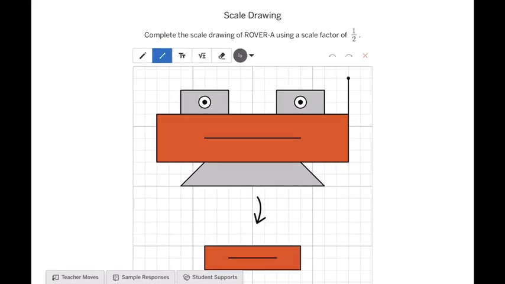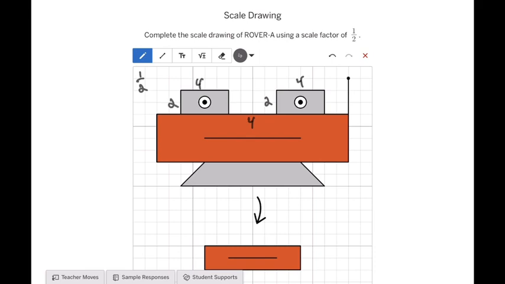Okay, now we're asked to complete the drawing of Rover using a scale factor of 1/2. So let's see. I know my scale factor is 1/2, so I'm going to be multiplying all of the dimensions by 1/2. Okay, so this is 2, this is 4. These are 4 apart. This is also 2 and 4. So you see how I'm just labeling everything?